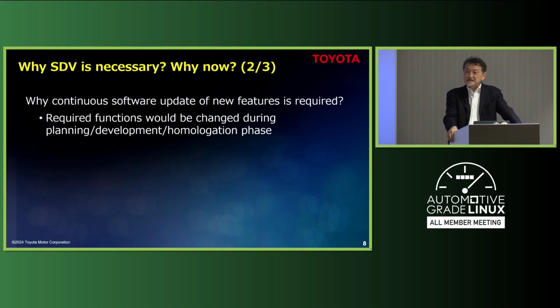Usually, it takes about 1 to 2 years to design the vehicle software. And even after that, we have to take about half a year or one year to get the homologation processes passed. So it's a very long time, so we want to minimize catching up on new features during the period of designing the vehicle.